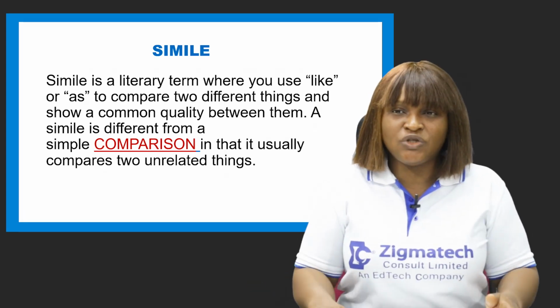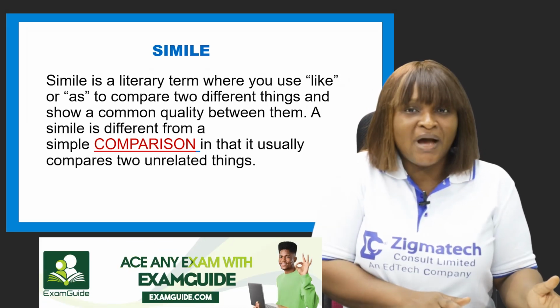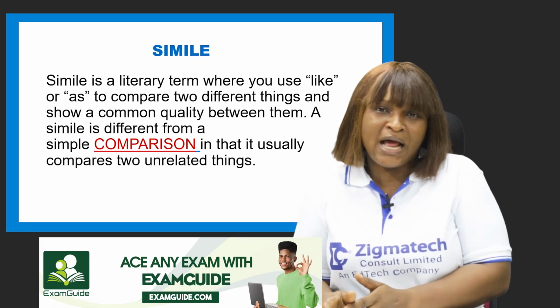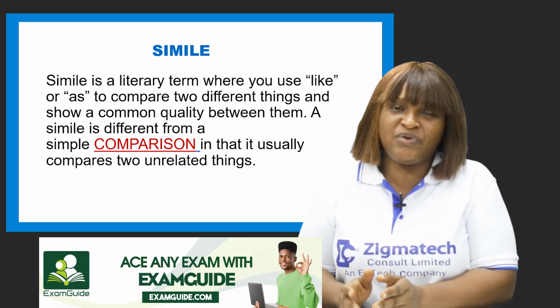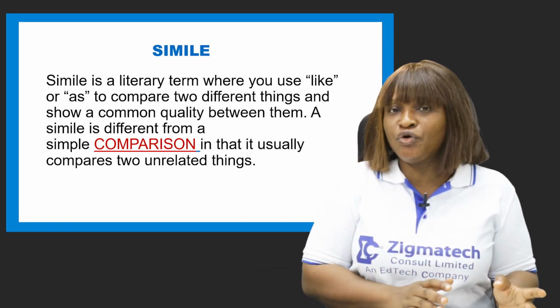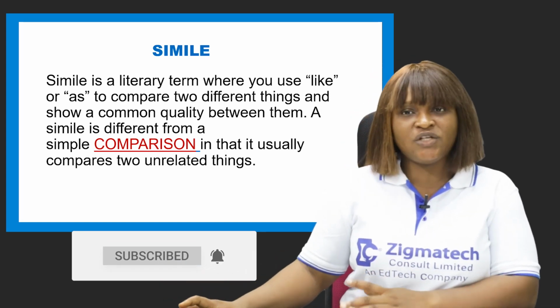They are practically not the same, but because the human nature or the human in this comparison behaves like a particular thing or animal, we now compare that person to that very thing. That's just the difference between the normal comparison you do and the comparison in respect to simile.